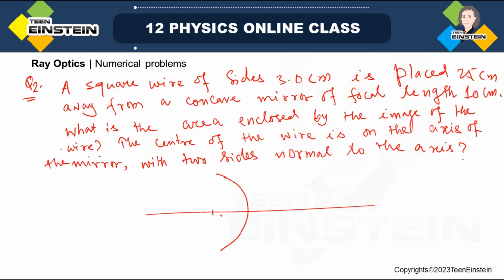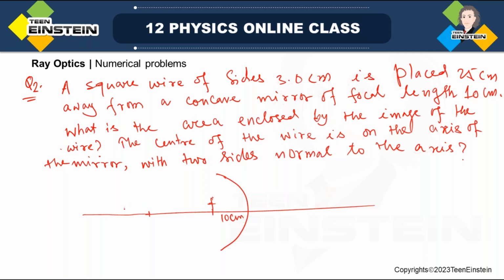So this is actually 10 centimeter, which is the focus, and a square of side 3 centimeter is placed 25. So if this is 10, so another 10 will be like this. So around here.